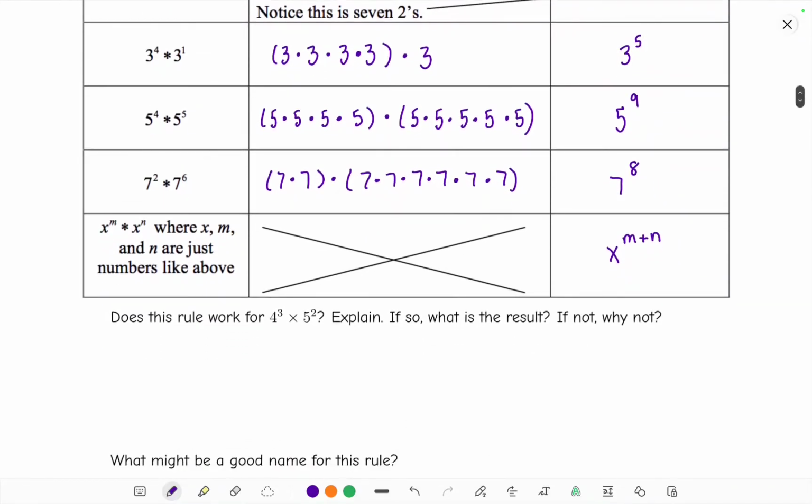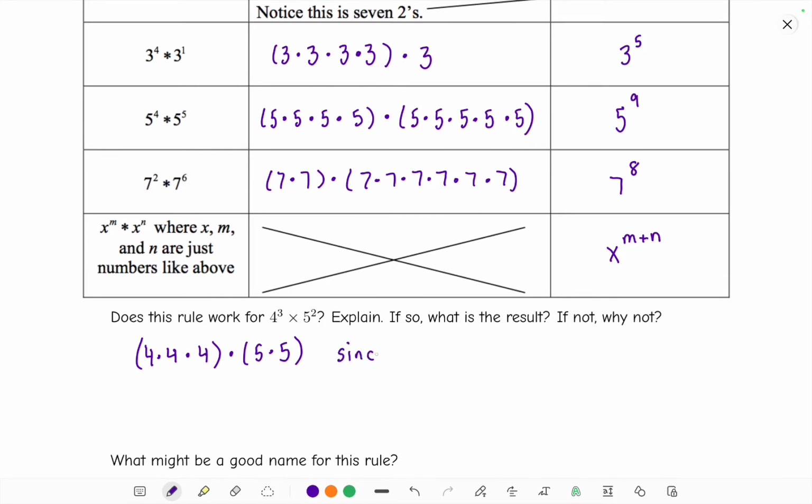Does this rule work for 4 to the 3rd power times 5 to the 2nd power? Explain. If so, what is the result? If not, why not? So this rule does not work because if we were to expand it out, it would be 4 times 4 times 4 times 5 times 5. Well, now these are not the same number, so I cannot rewrite it as a single exponent together.